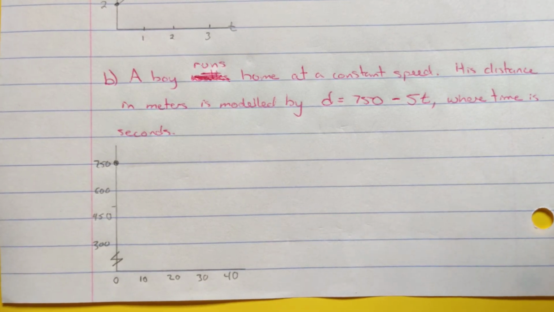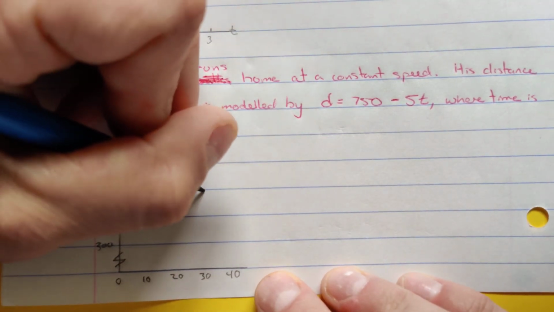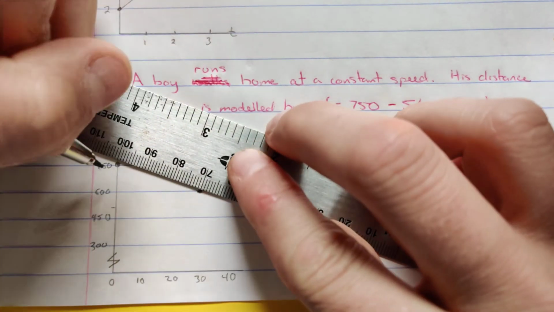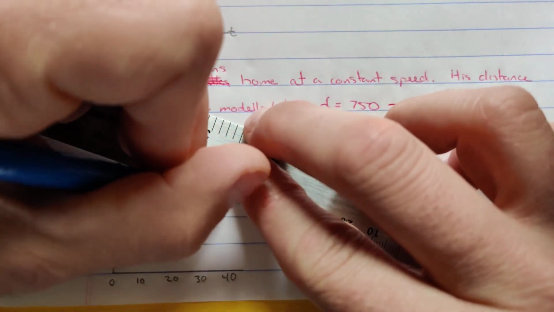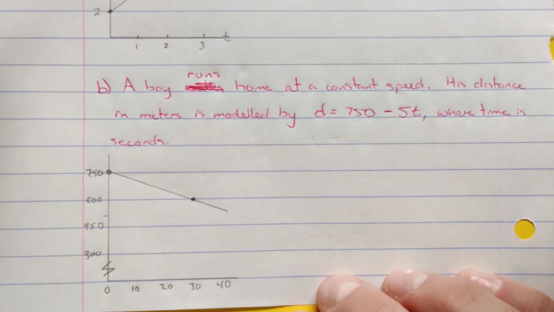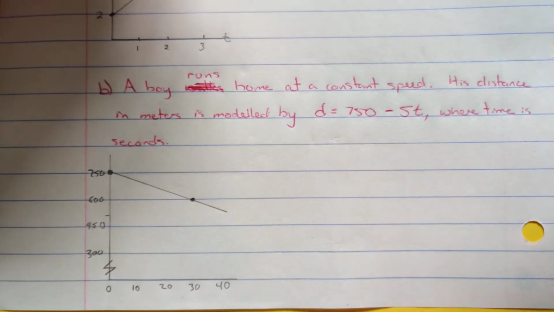So 750 minus 5 times, let's do 30. 5 times 30 is going to give me 600. So I can put a point there. And then, again, this is just a quick sketch just to kind of illustrate what's going on. It's not exact, but there's our motion. So we have, after 30 seconds, it's traveled 150 meters.